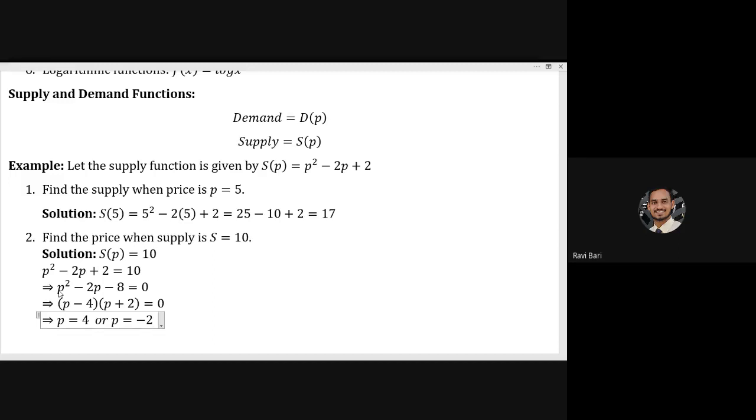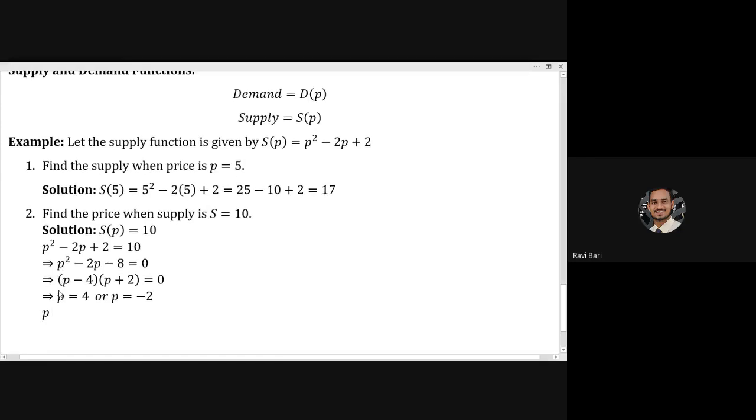But price cannot be negative. Therefore, P is equal to 4.